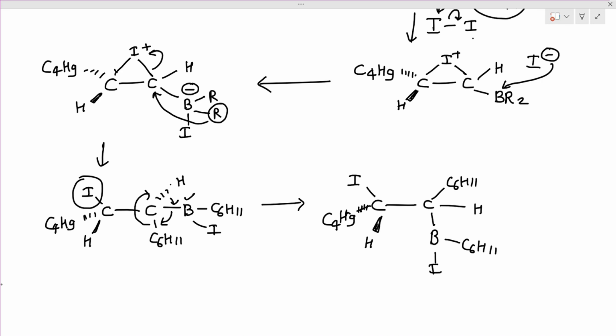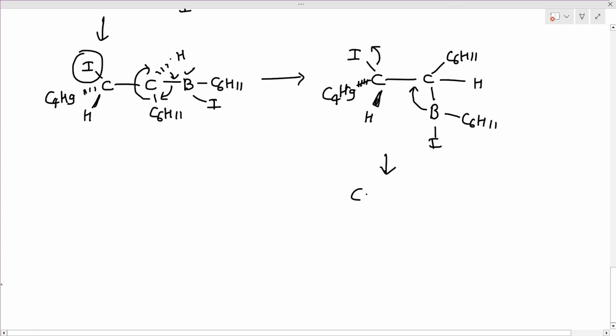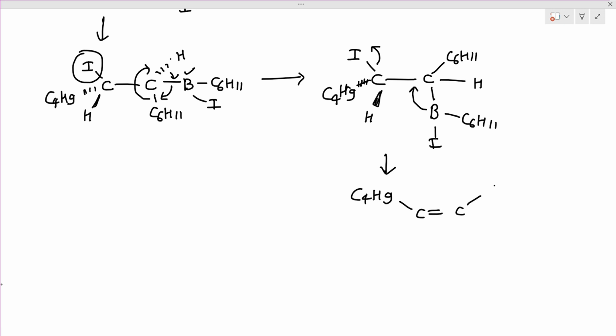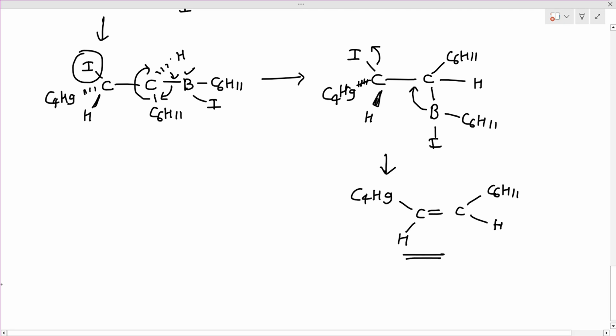Now this bond will move here and this bond will move here. This is called anti-elimination. We can write C4H9 C double bond C, C6H11, hydrogen and hydrogen. So this is the product that we are getting.